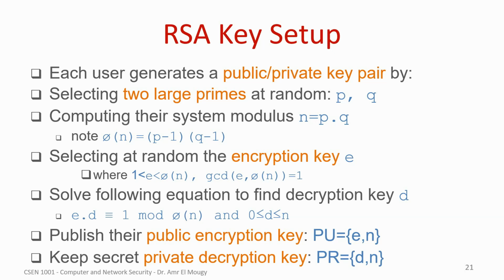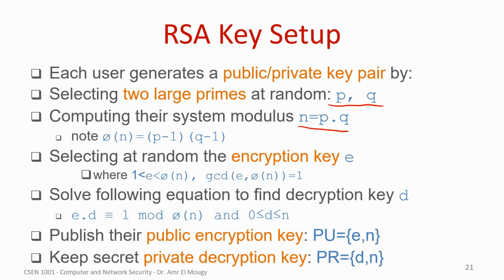To do that, you have to first agree on a set of parameters. If RSA is being used by 10 users, they have to agree first on 2 prime numbers, P and Q, where n is the product of P and Q. So the system modulus n has to be the product of 2 prime numbers.